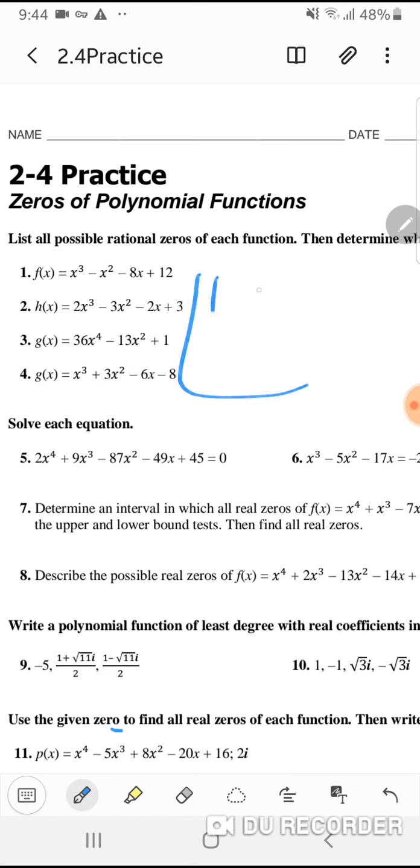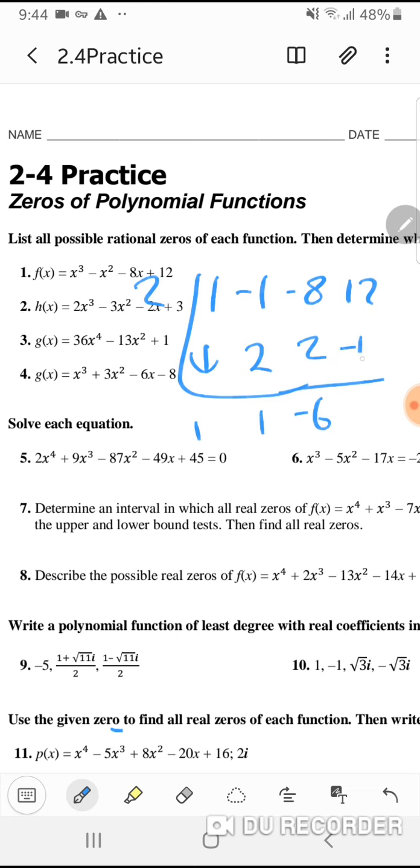So 1, minus 1, minus 8 and 12. I said I'll put 2. So 1, 1, and then multiply. So that's 2. That's 1. That's 2. That's minus 6. And that's minus 12. So that's a 0. So 2 actually works.